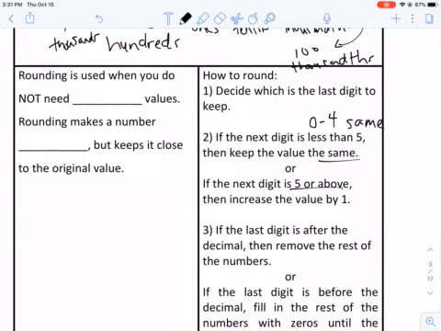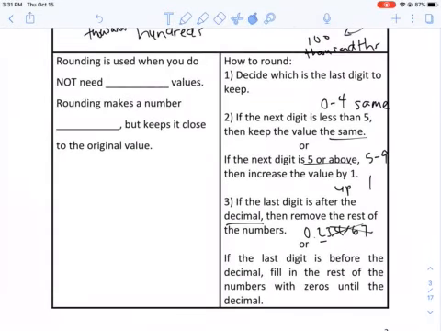But if it's between 5 and 9, we go up 1. If it's the last digit after the decimal, we remove the rest of the numbers. If it's before the decimal, we fill in until the decimal with zeros.